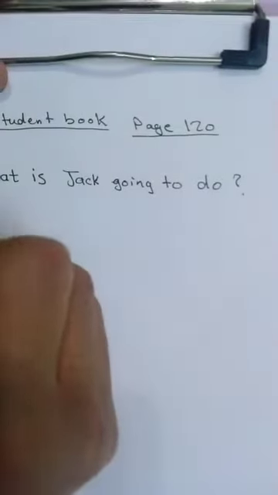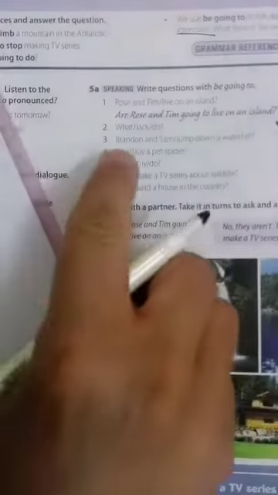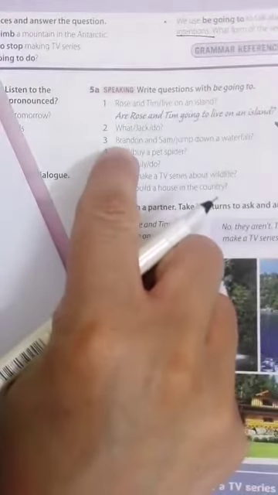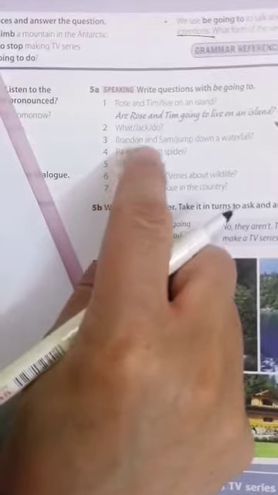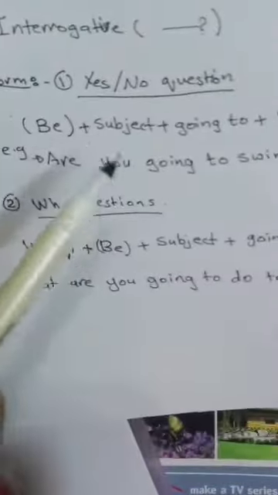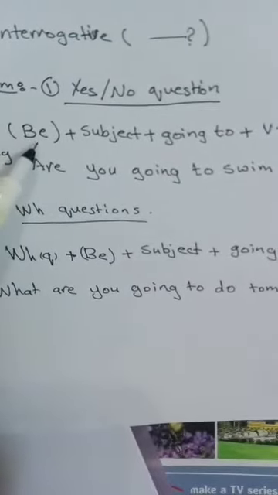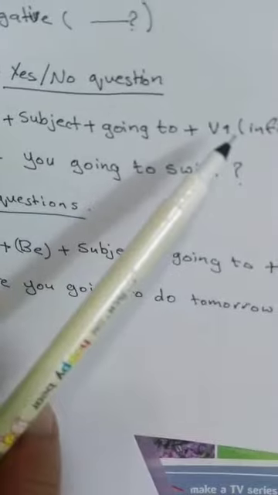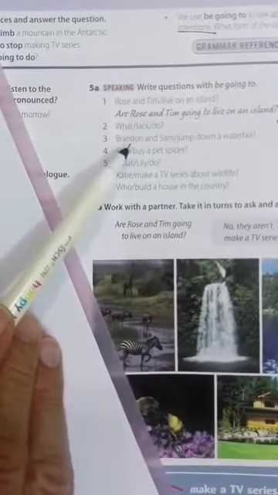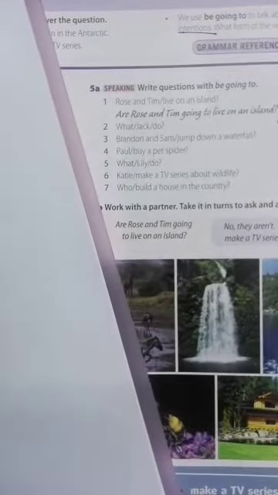We should write, because they are two, and because we don't have WH question here, you should know that it's yes or no question. And in the yes or no question, this is the form of yes or no question. We put the verb to be at the beginning, the subject, going to, and the verb infinitive. And because we have a plural noun, we should use the verb to be are.